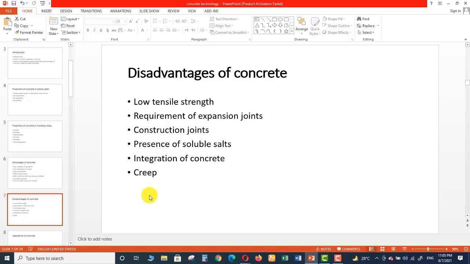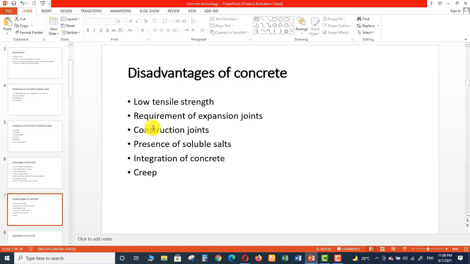So the first disadvantage is that due to low tensile strength, concrete is required to be reinforced to avoid cracks. That's the reason we use steel bars in concrete, because it has low tensile strength. To improve its tensile strength, we use reinforcement, because reinforcement has the property to bear high tensile strength.